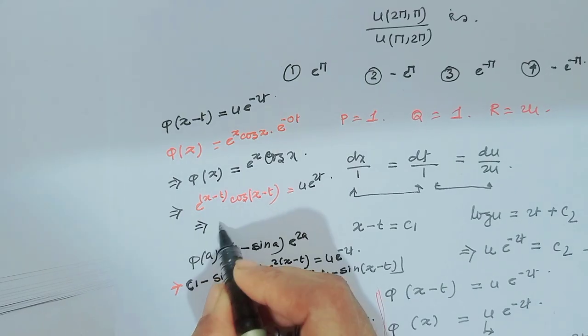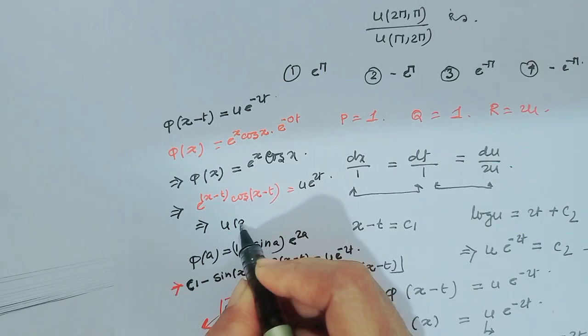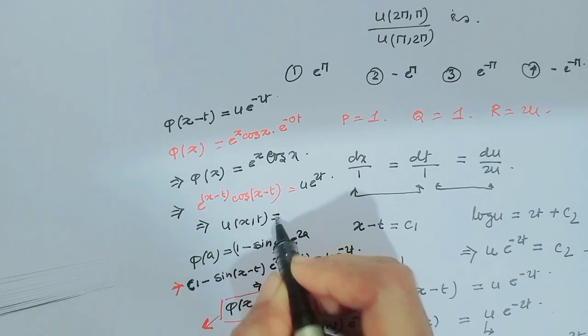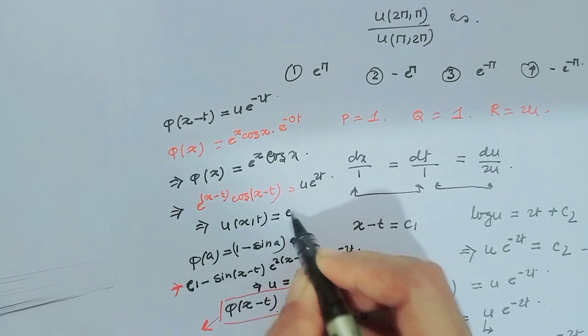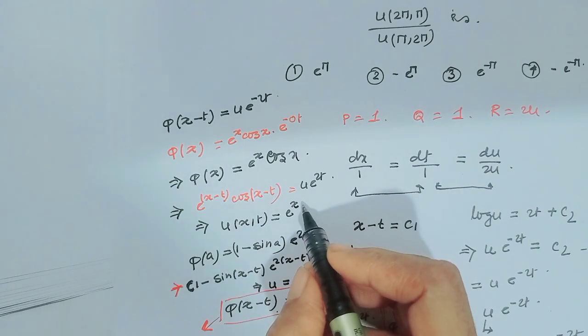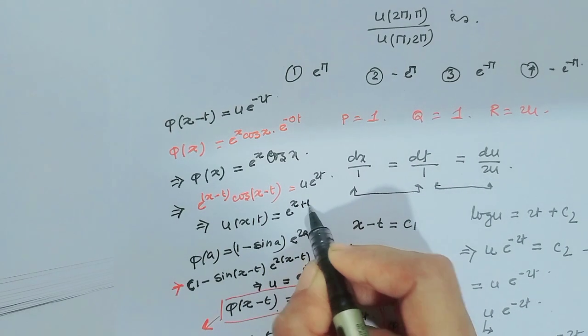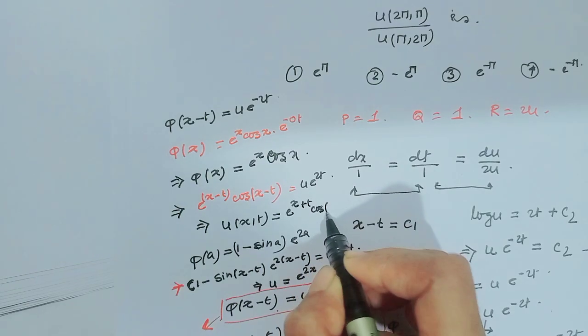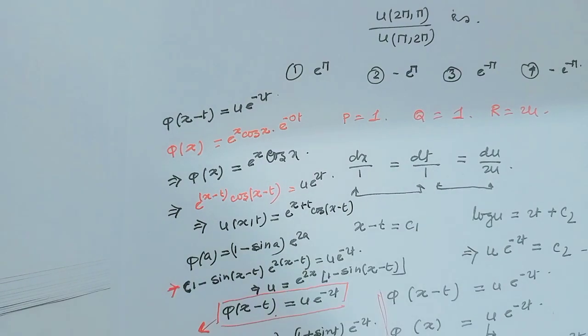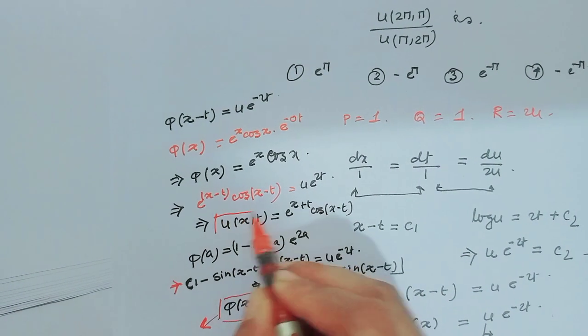That implies u(x, t) equal to e to the power (x plus t) times cos(x minus t). This is the u(x, t) given.